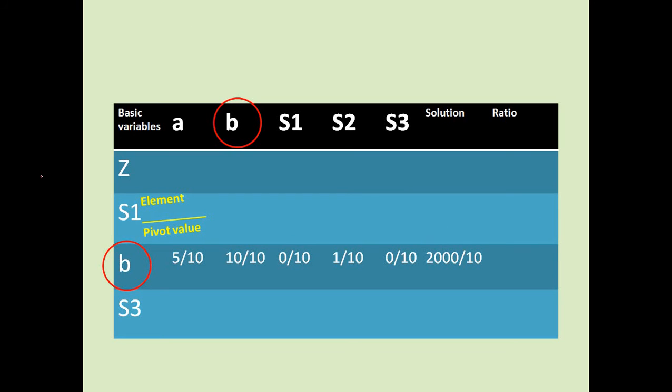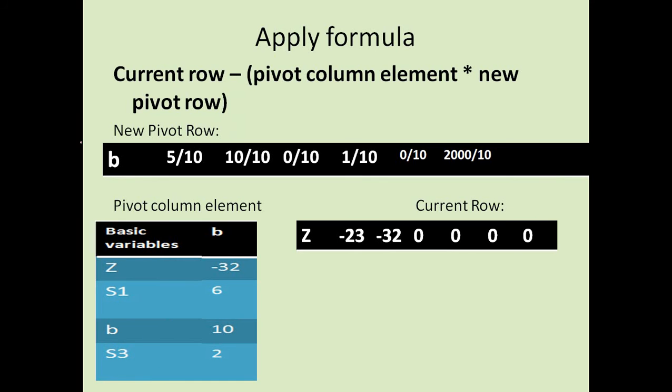For the other values, you're going to move on to the next one, where you apply the formula: current row minus pivot column element times new pivot row. Your new pivot row is the row that you've found right now. Your pivot column element is the checkmarked column, where the pivot element lies.